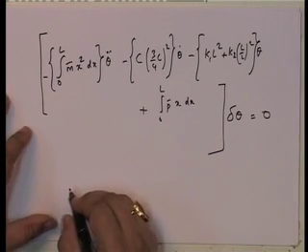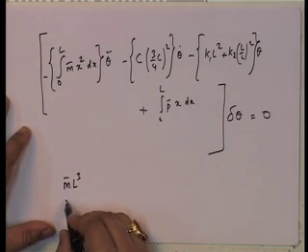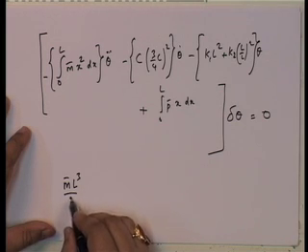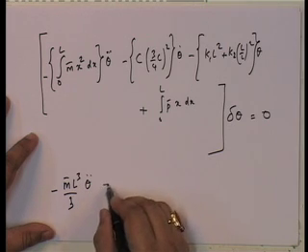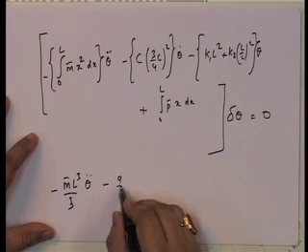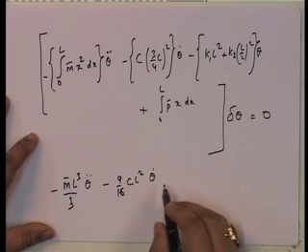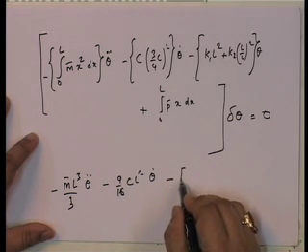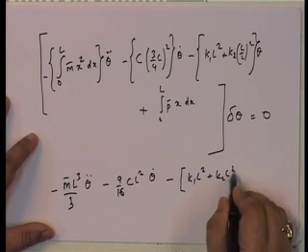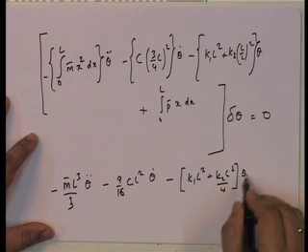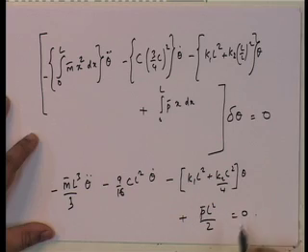I get the following. I get m bar L cubed by 3 theta double dot, minus 9 by 16 c L squared theta dot, minus (k 1 L squared plus k 2 L squared by 4) theta, plus p bar L squared by 2 is equal to 0.